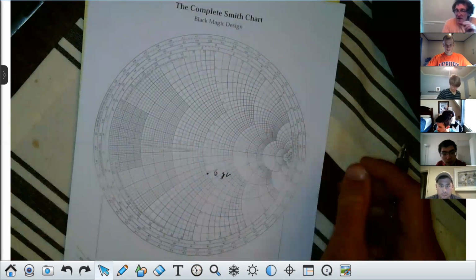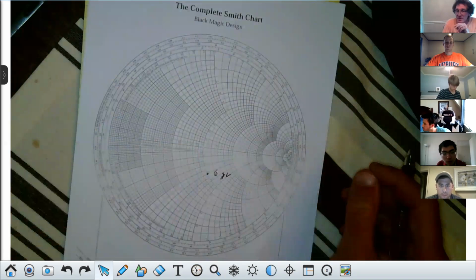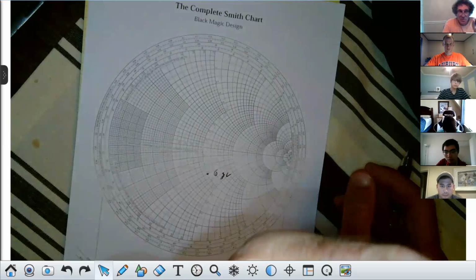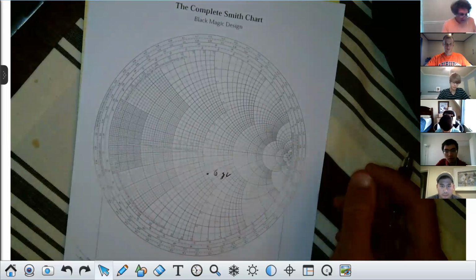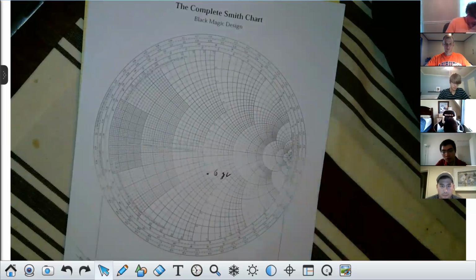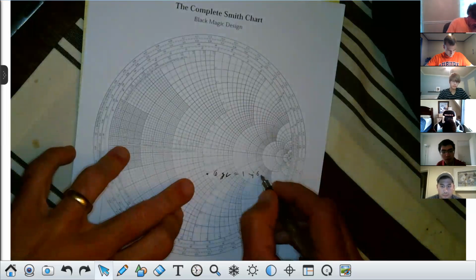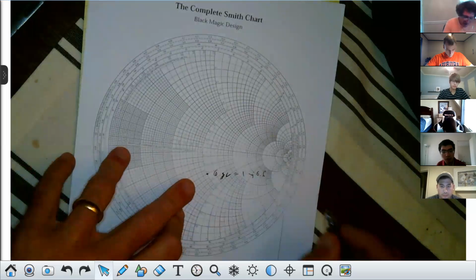Now, depending on how we want to do impedance matching, will give us different points to connect the actual, either the series or parallel shunted stub. So first thing I'm going to mention is this point here is 1 minus J 0.6. Does anybody see something odd about that?